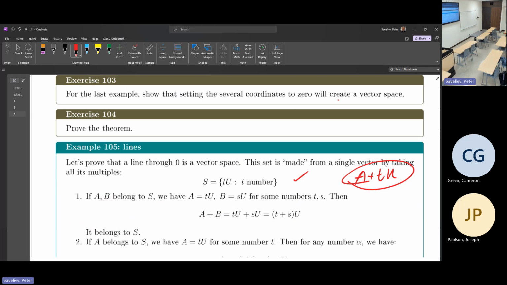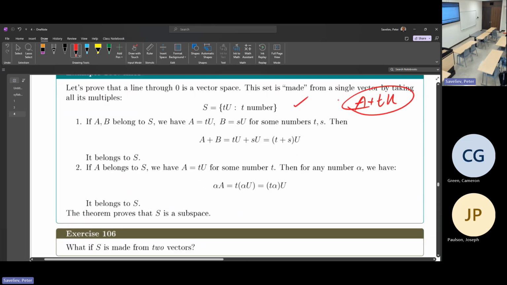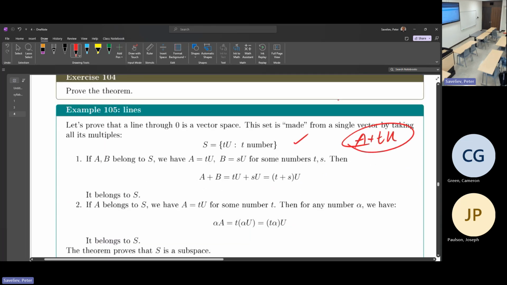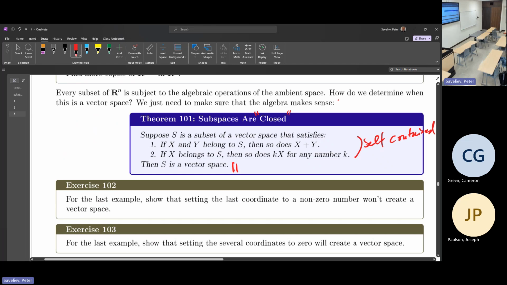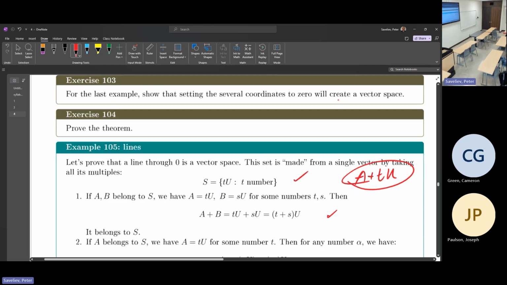And therefore, if you were to do algebra, you can easily verify that. For example, here I choose to verify property number one, just addition of two vectors. Vector A is tu.